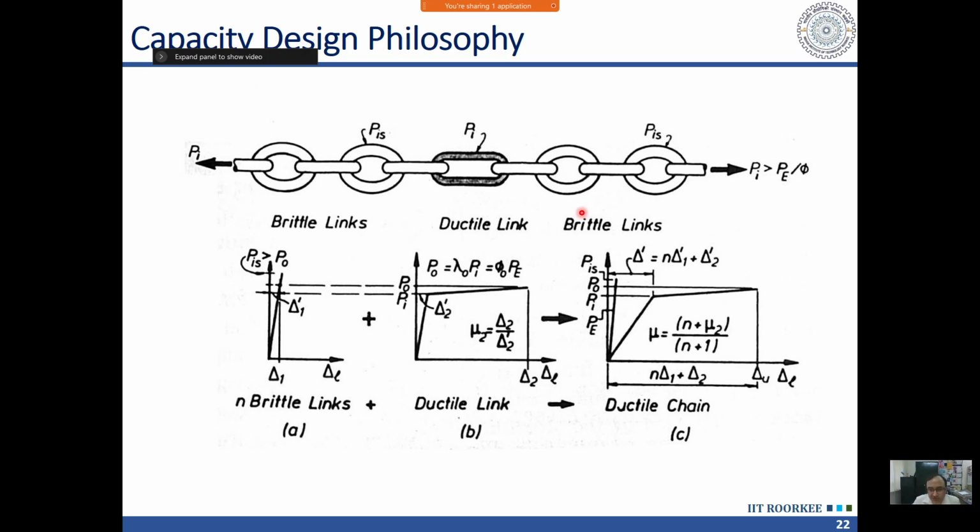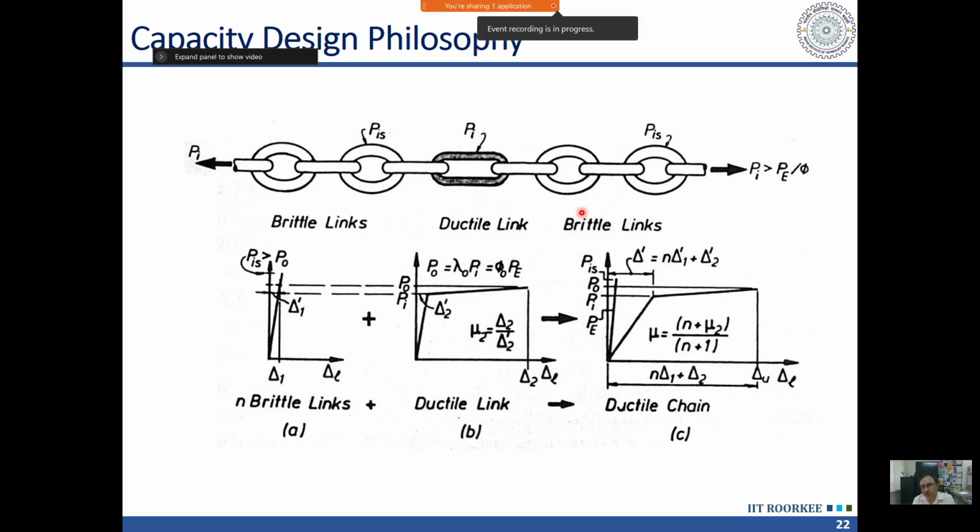But even with this enhancement, we can make our RCC members ductile only in flexure, only in bending. The RCC members in compression will remain brittle. RCC members in shear will remain brittle. And there will be some other components which I cannot make ductile. For example, bearings, especially the metallic bearings which we are using, we cannot make them ductile.